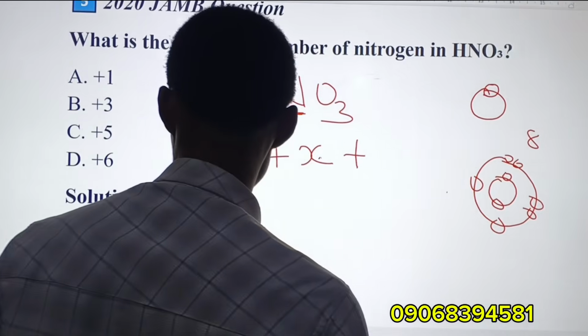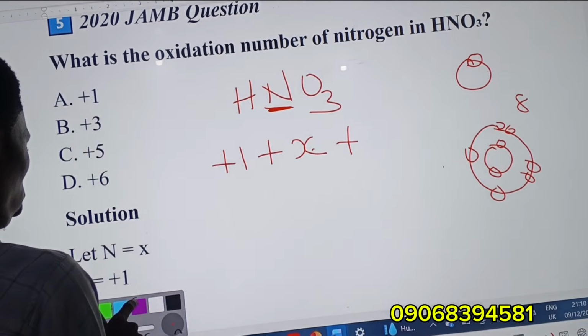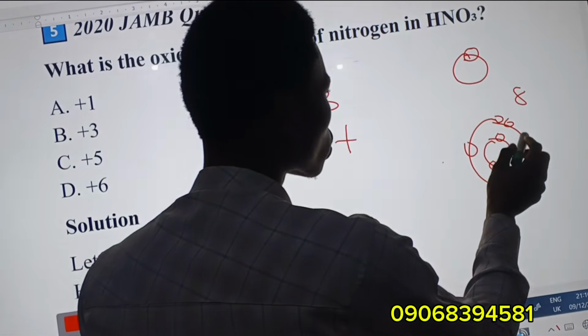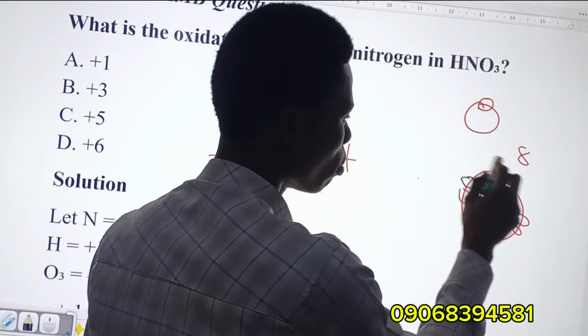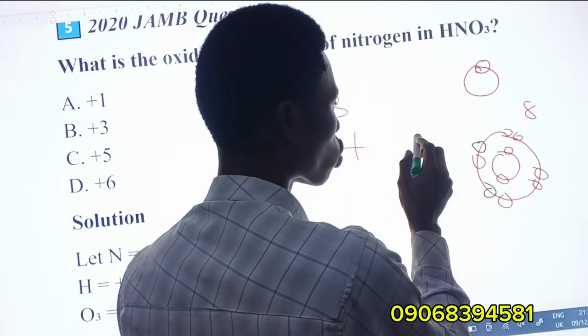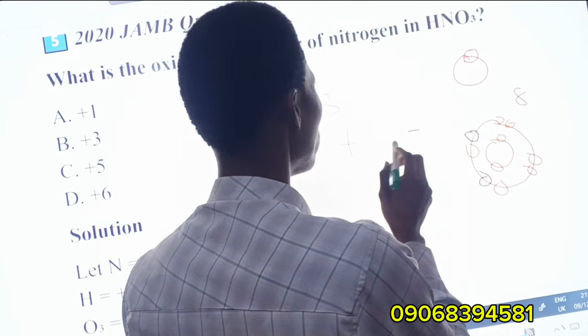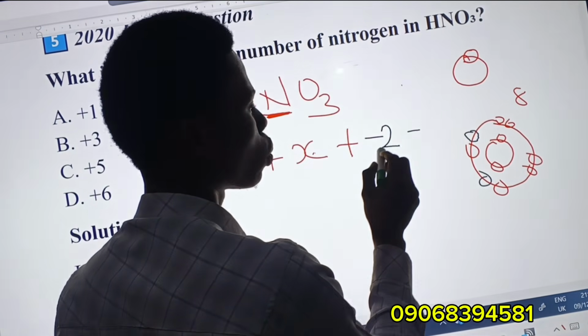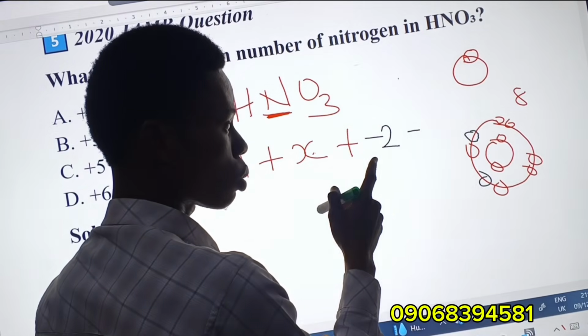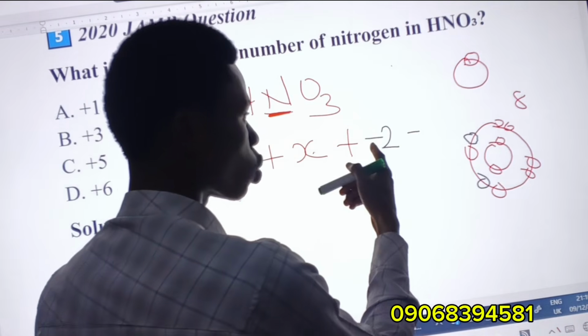So since oxygen is borrowing 2 more to make it balanced, borrowing is bad, so negative, right? How many is it borrowing? 2. So the oxidation number of oxygen is -2. I've explained why it is minus, because it's borrowing, and it's borrowing 2, so -2.